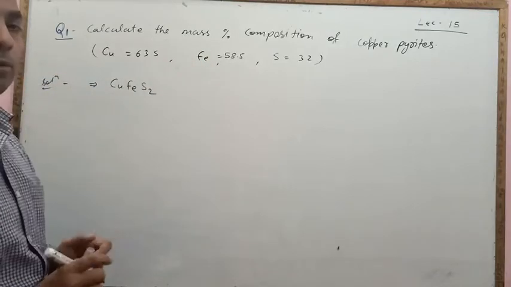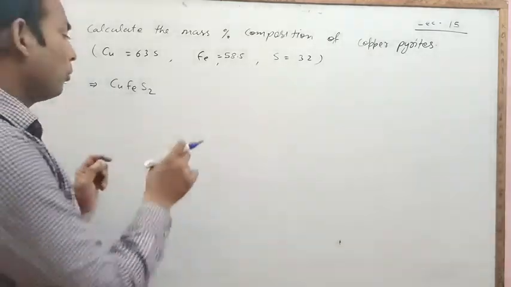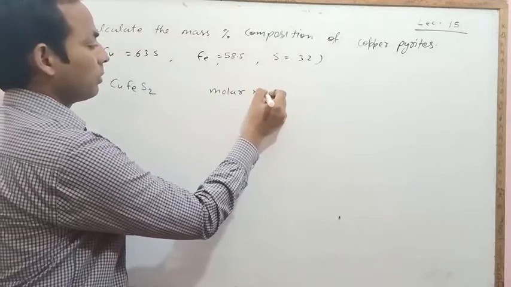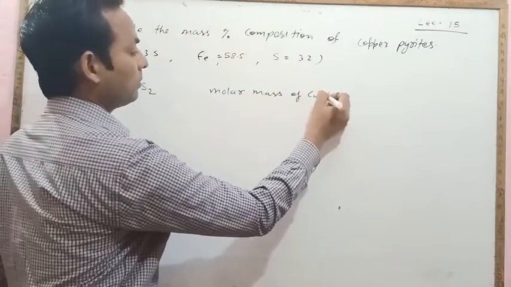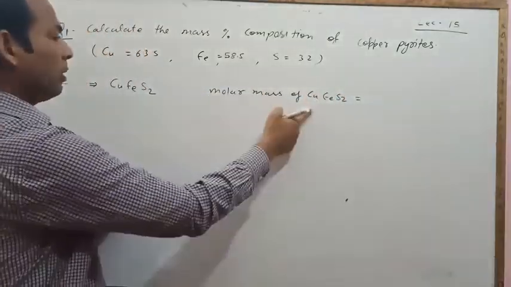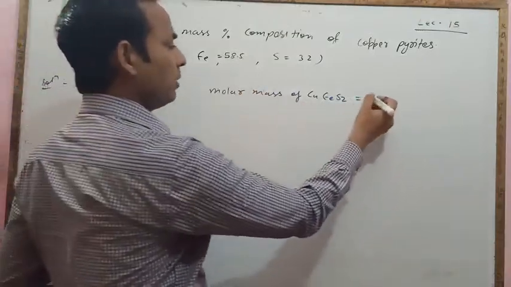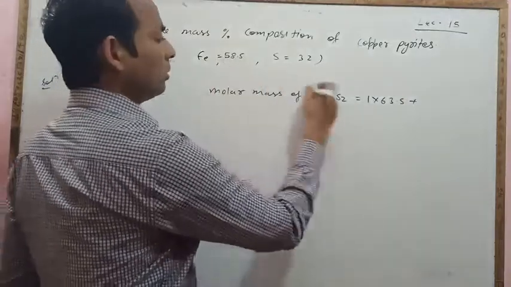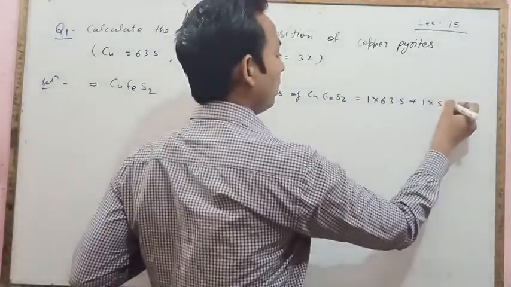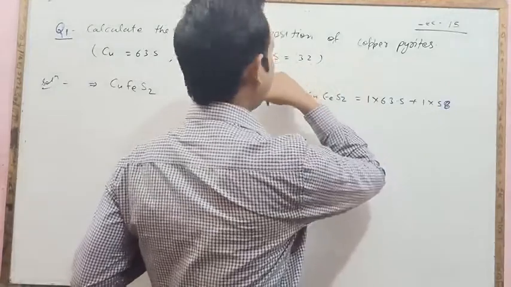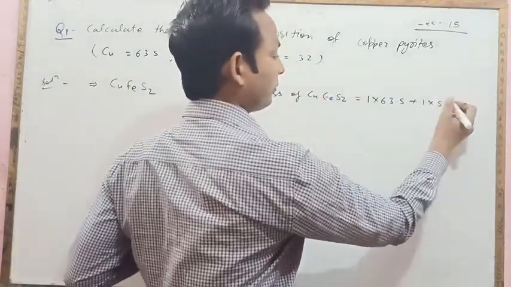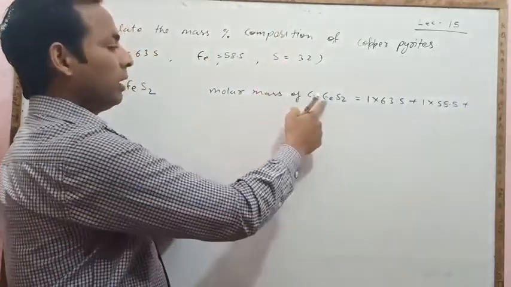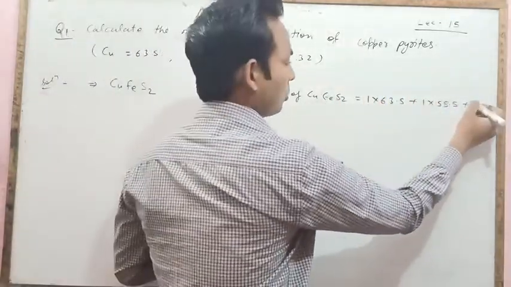So first we have to calculate the total molar mass of 1 mole of the compound. The molar mass of copper pyrite: copper here is 1, atomic mass of copper is 63.5. So 1 into 63.5 plus Fe, 1 into 58.5, plus sulfur here 32, and there are 2 sulfur, so 2 into 32.